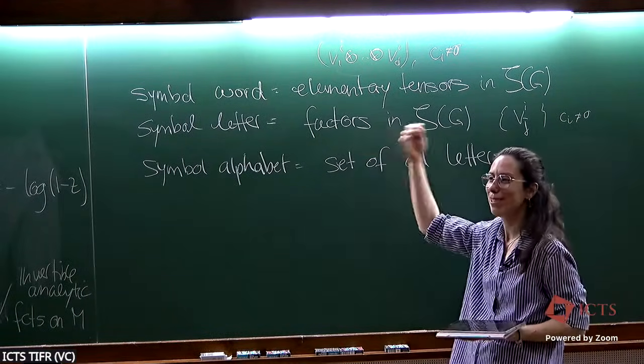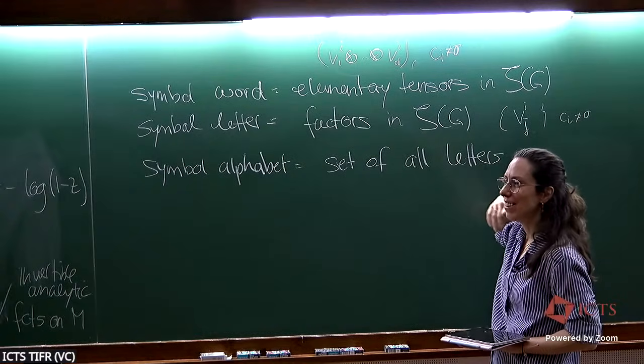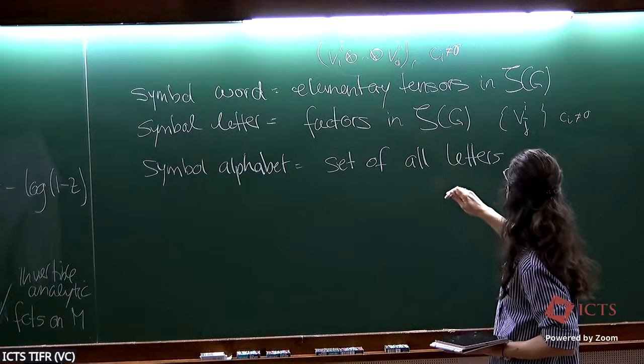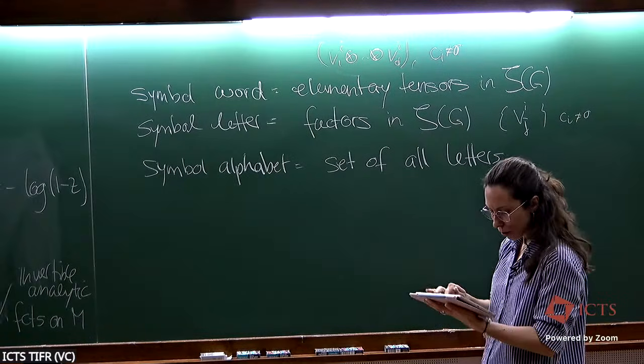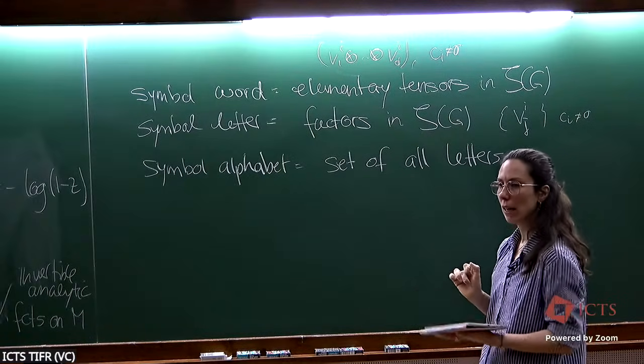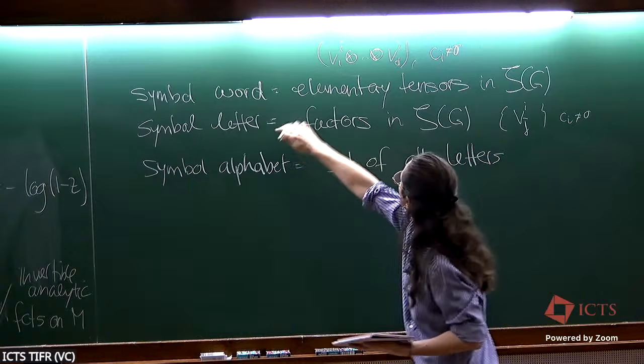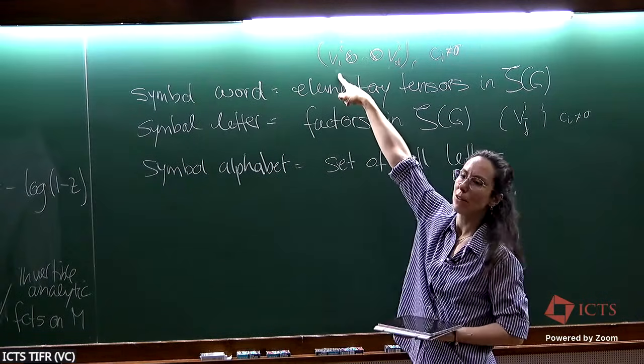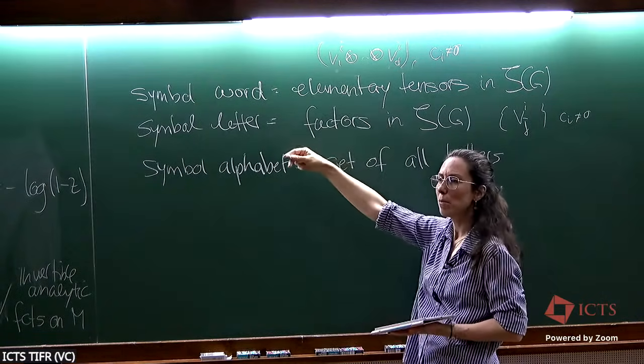I also don't like this word, but I don't know if there's another terminology to refer to it. Okay, so the letters are the v_ij's that appear in the words. The letters are the symbols the words are made of.